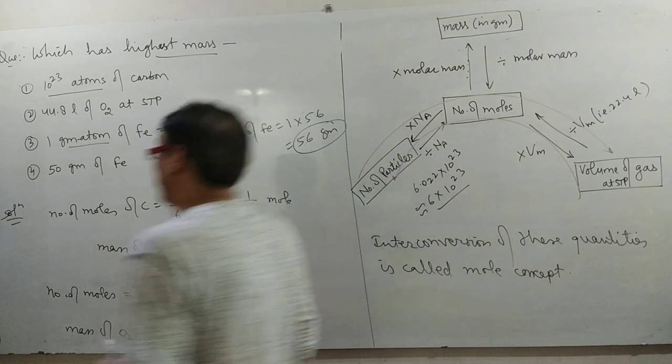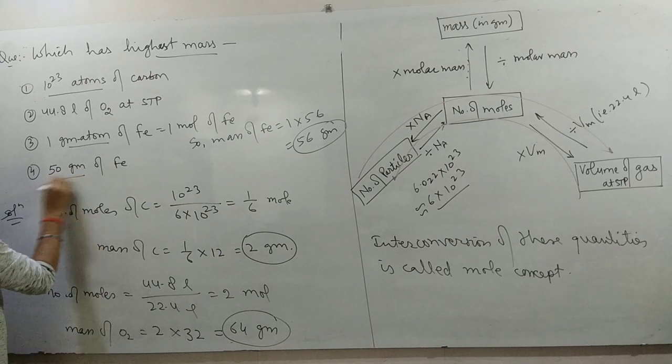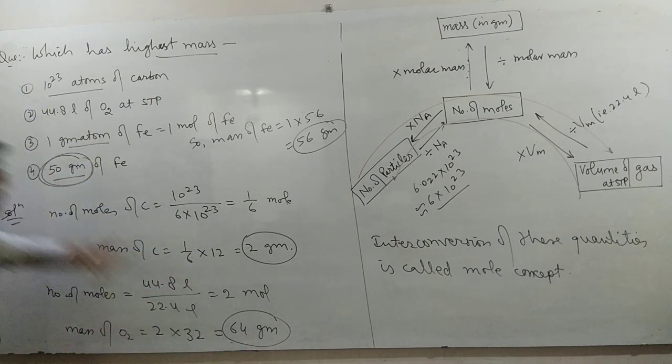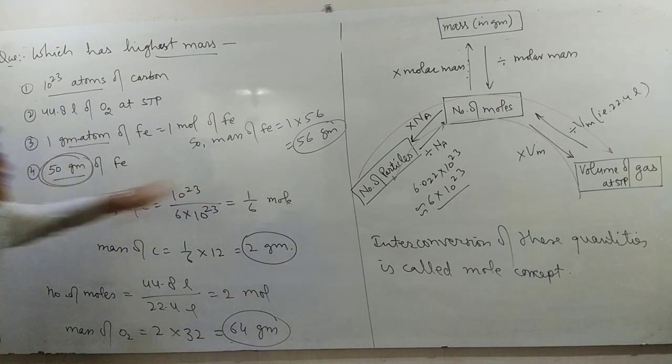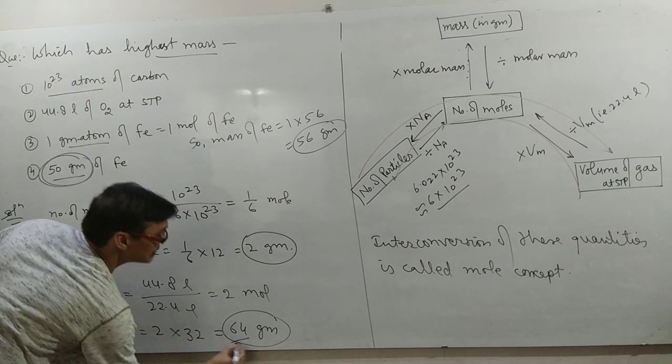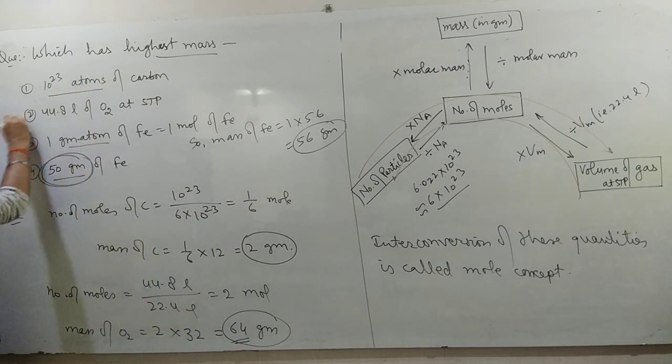And finally the fourth is simply mass 50 gram. So the masses of the substances in first option is 2 gram, in second option 64 gram, in third option 56 gram, and the fourth option is 50 gram. So the highest mass is 64 gram, that is second option.